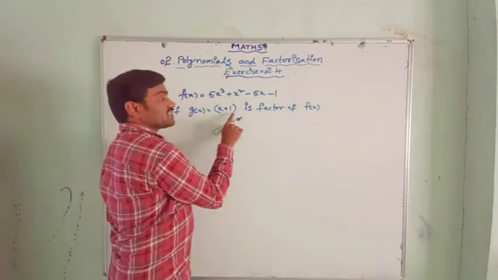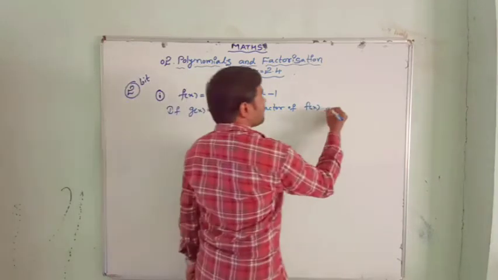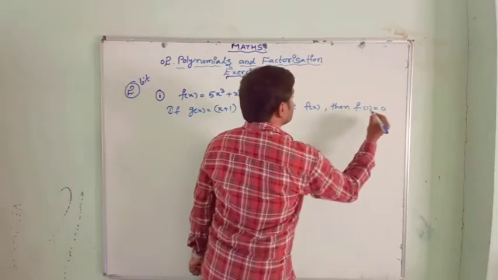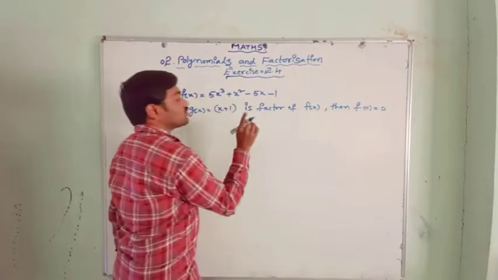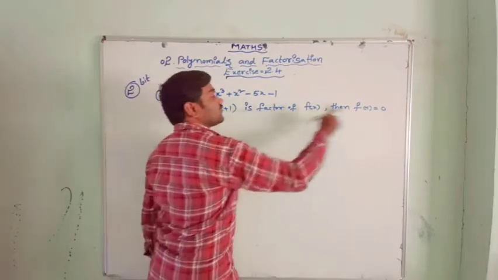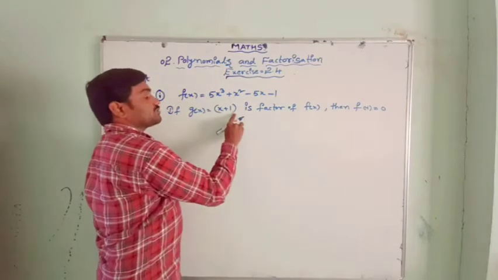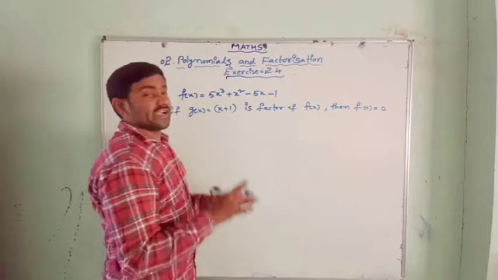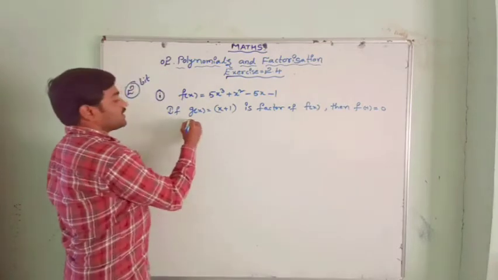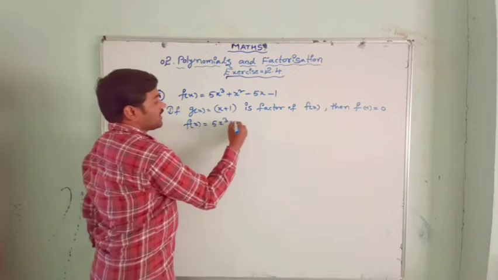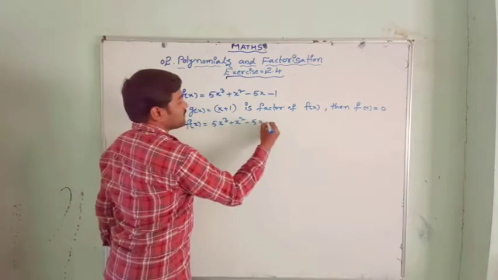If g of x is a factor of f of x, then f of minus 1 should be equal to 0, because here x plus 1 equal to 0, then x equal to minus 1. So f of minus 1 should be equal to 0. Let us see whether we will get that or not. First of all let us write f of x equal to 5x cube plus x square minus 5x minus 1.